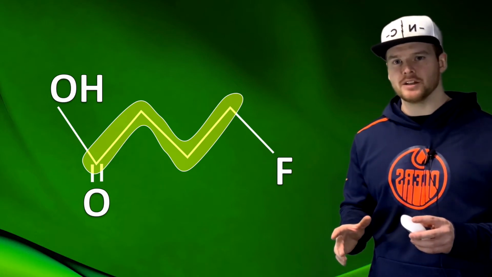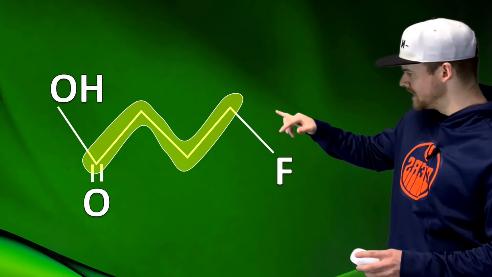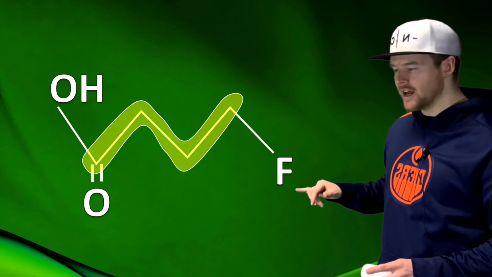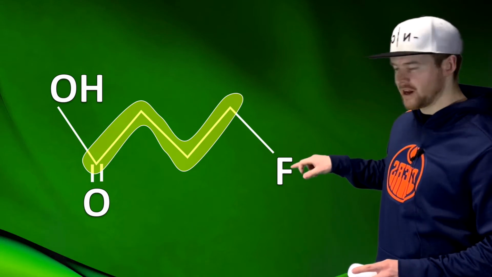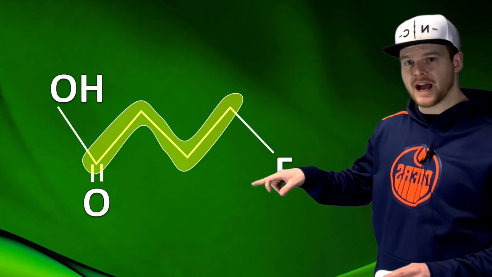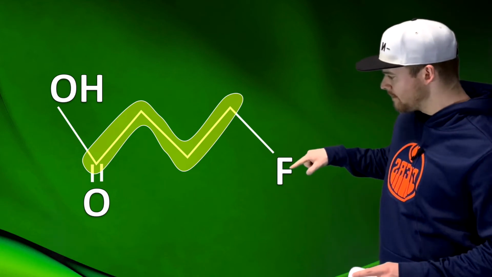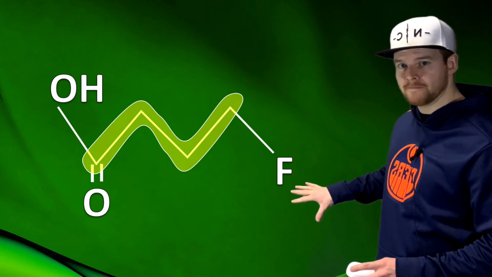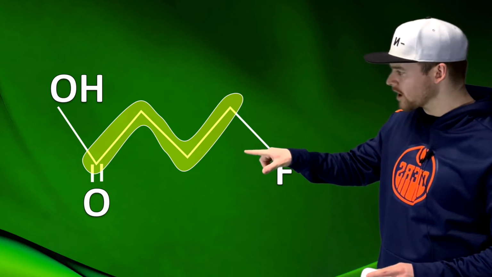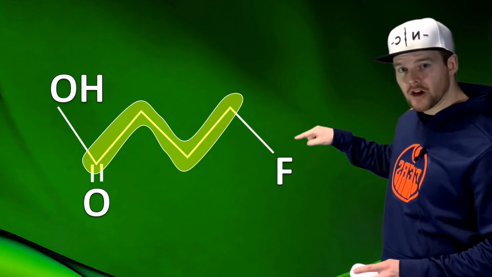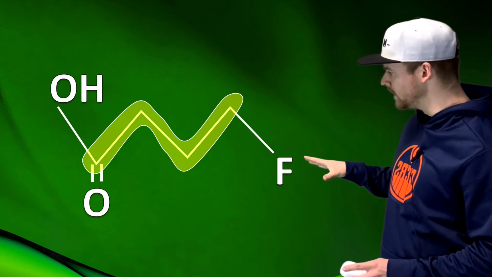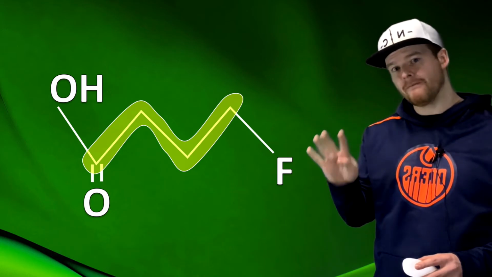Now this can sometimes be a little tricky because it looks like this line here coming to the fluorine is going to be another carbon. We might think with the line diagram that it would be 5. But the only reason this line's coming here is to get to the fluorine. So we actually only have the 4 carbons, and this line is just saying that carbon's bonded to the fluorine. So parent chain is just 4.